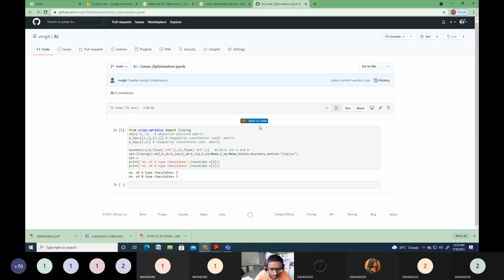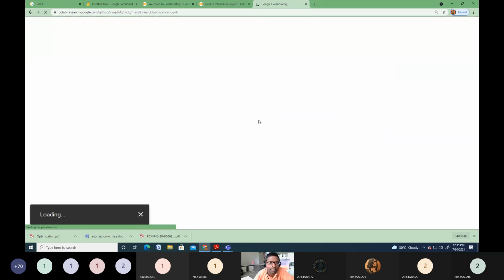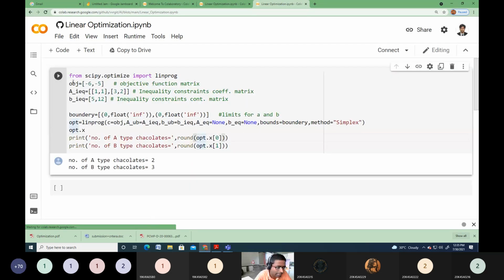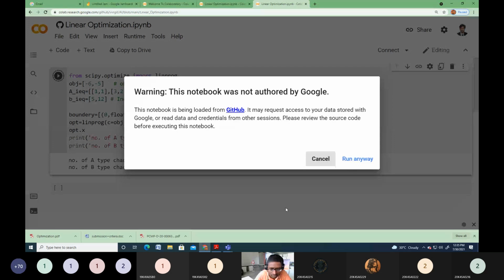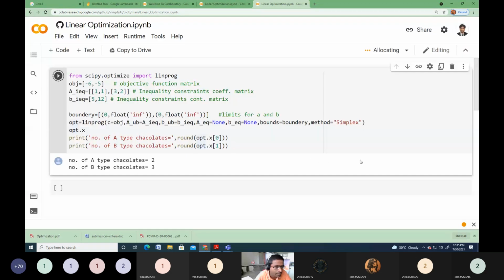Now I can see this code, and if I want to execute it, I can click here and it will open Colab again. Then I will try to check whether your code is right or wrong. So this is what I am doing actually.